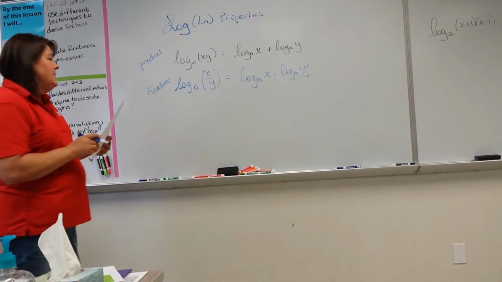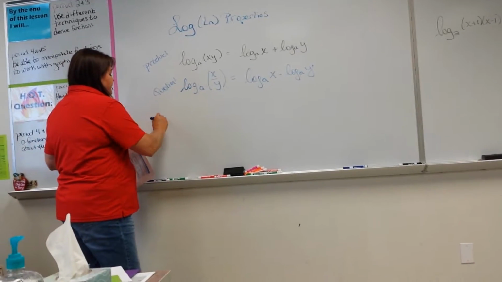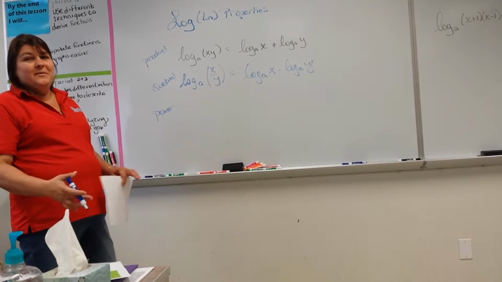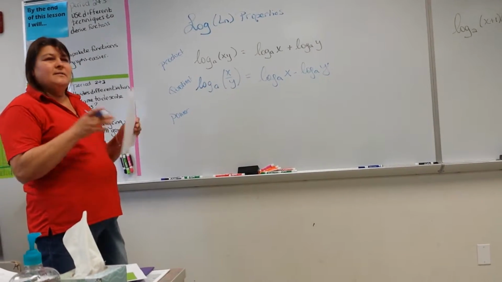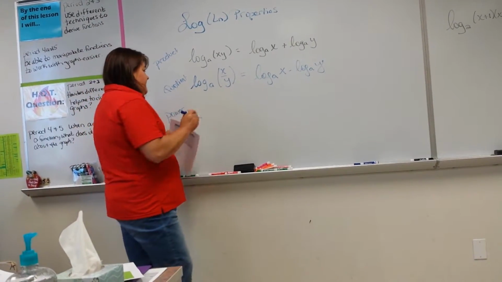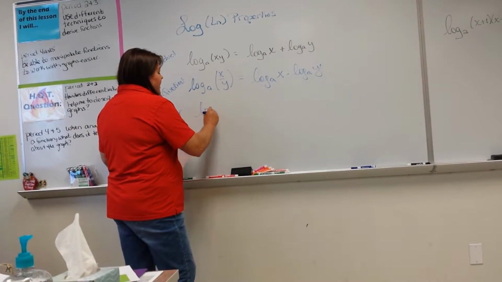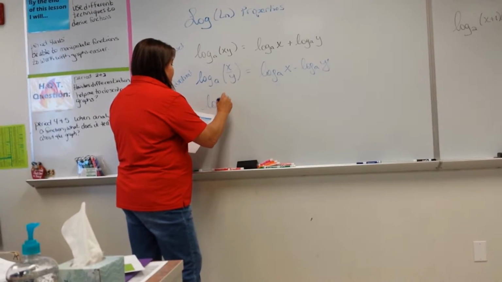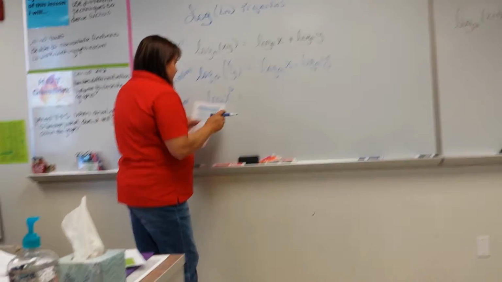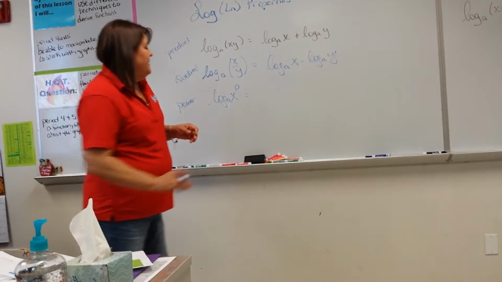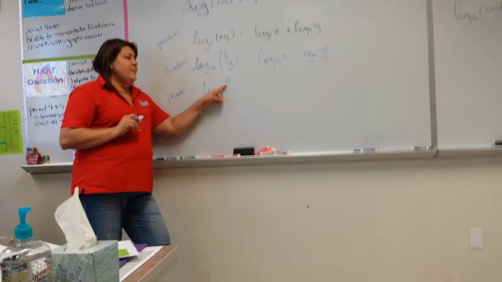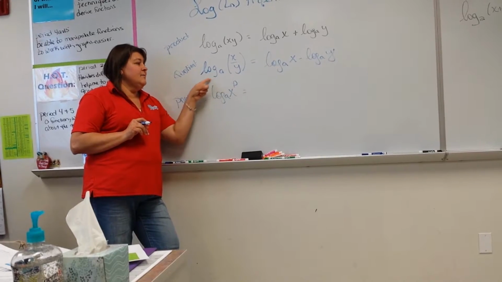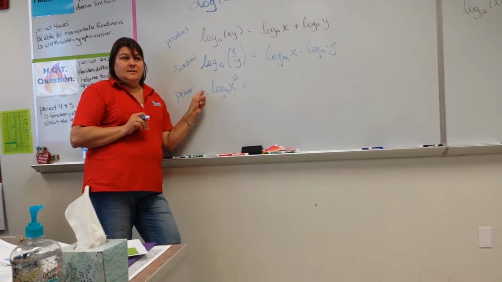Okay, the next one is called the power rule. Not to be confused with what we do with derivatives, okay? These are just basic log rules. So if I have log of ax to the p, what it's telling me is anytime I have a power, like p in this case, I can take that and bring it to the front and rewrite it.